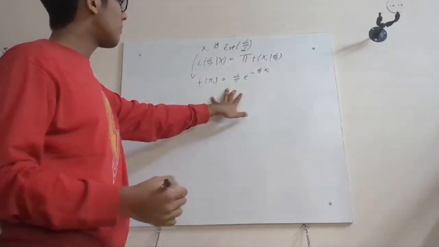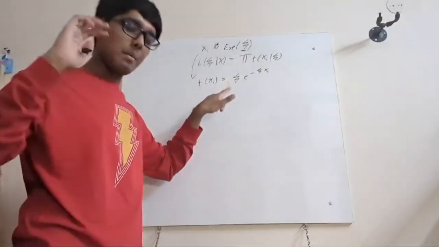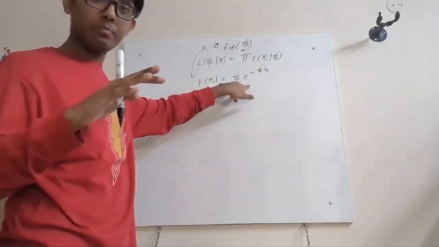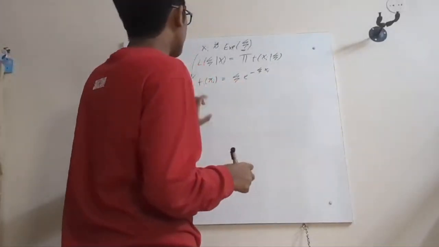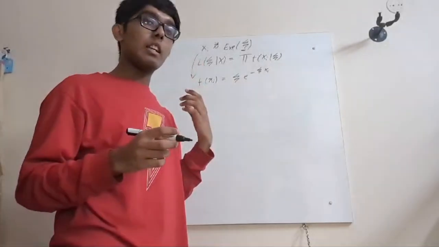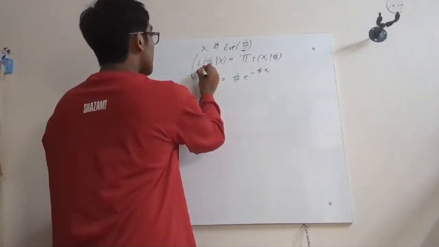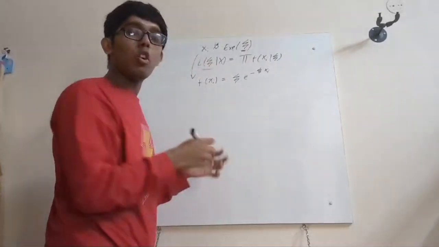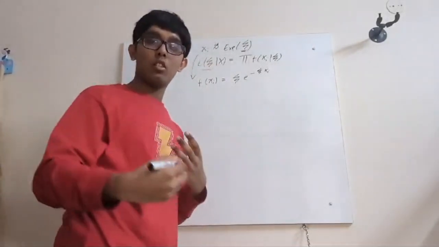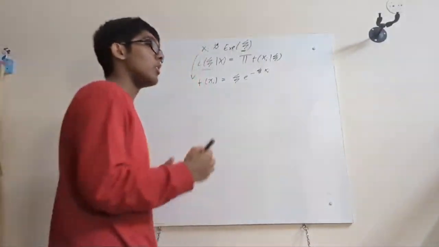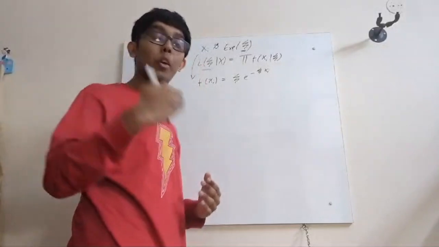That is just the density function of exponential lambda, right? I am not really sure if I mentioned this in the last video, but if you want to maximize the likelihood function, you could also maximize the log likelihood function, because log is an increasing function. So they both would have the maxima at the same point.